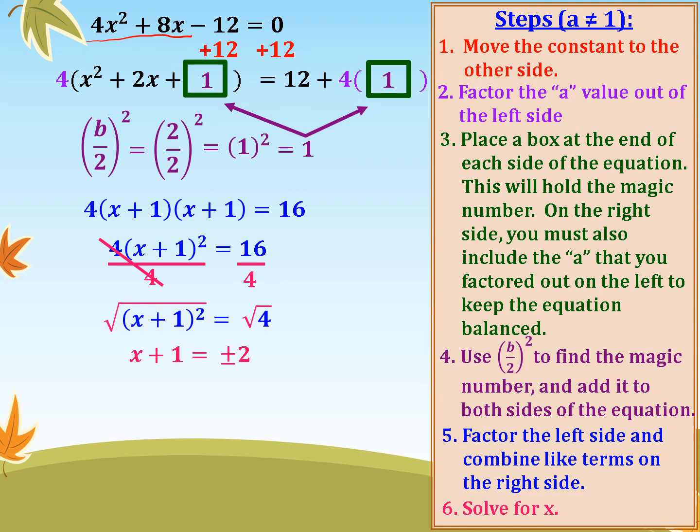Now to keep solving for x, I have to subtract 1 from each side. So I get x equals negative 1 plus or minus 2. Negative 1 plus 2 is 1, and negative 1 minus 2 is negative 3. So the solutions to this are x equals negative 3, 1.